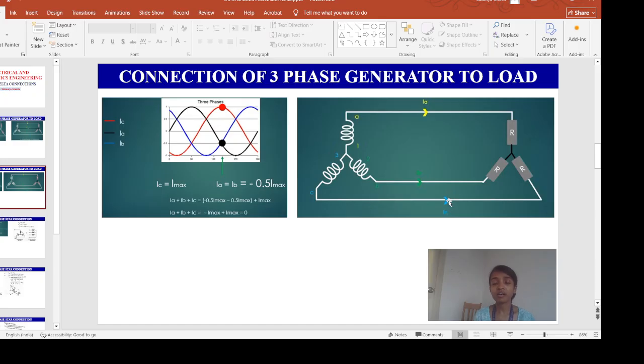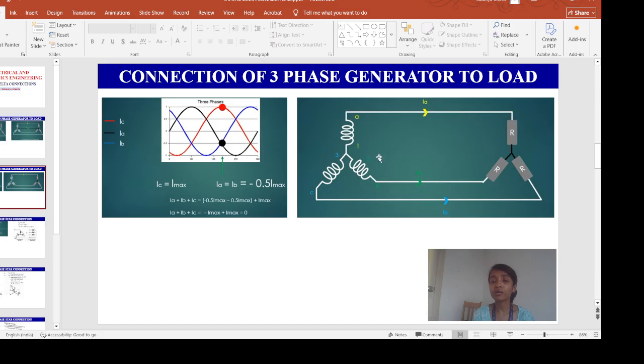So the number of conductors has reduced from 6 to 3, and the cost saving is 50%. But we could remove this neutral conductor since the sum of all the currents through this neutral conductor is 0, and that is only possible when we have a balanced load or equal load.